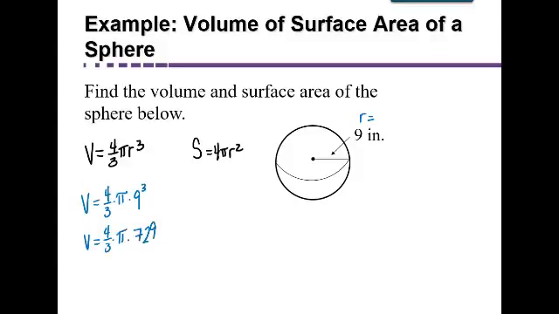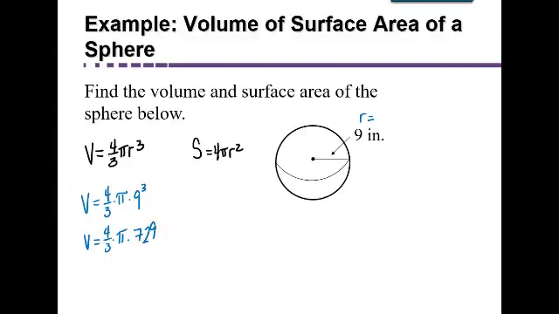And now let's deal with the 4/3 times 729. On the TI-30X2S calculator, there's actually a fraction key where you can just literally type 4/3 times 729. Not the pi part, you have to leave that part by hand, but you can multiply the fraction.